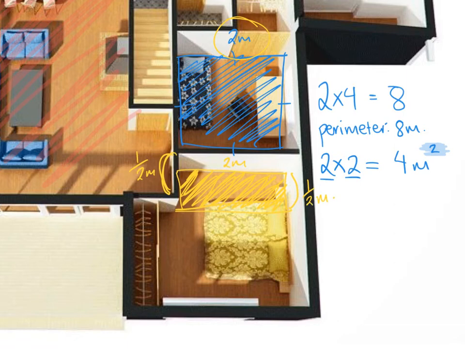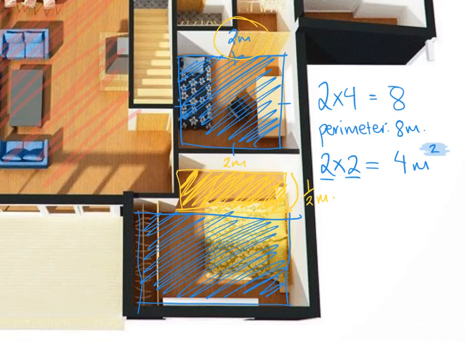So I'm just going to rub out the other one so it doesn't get confusing. All right, so I've got one rectangle drawn, 2 meters on one side, 1/2 meter on the other side. And now let me do the second rectangle. Okay, so fantastic. Bit messy, guys, but that's okay.